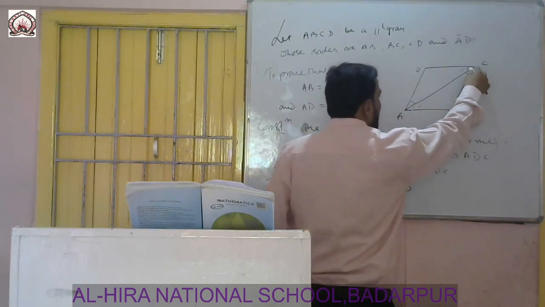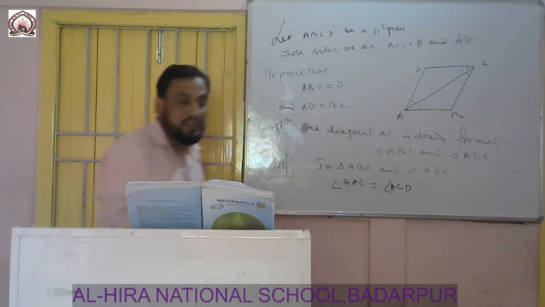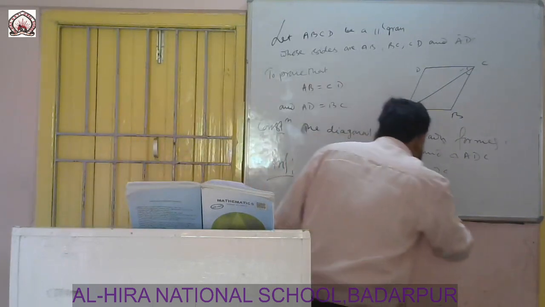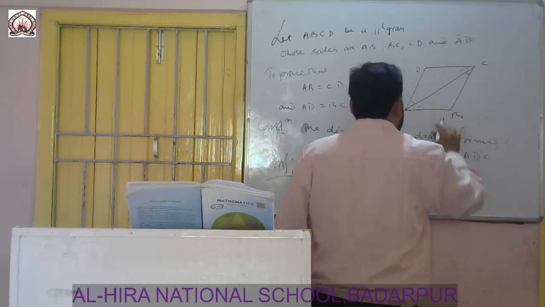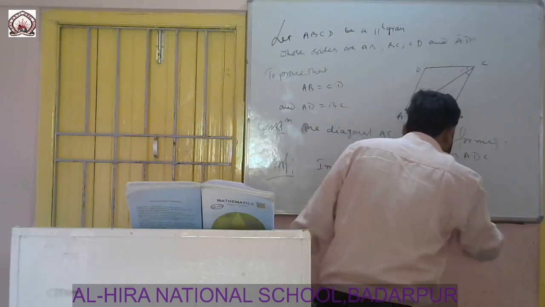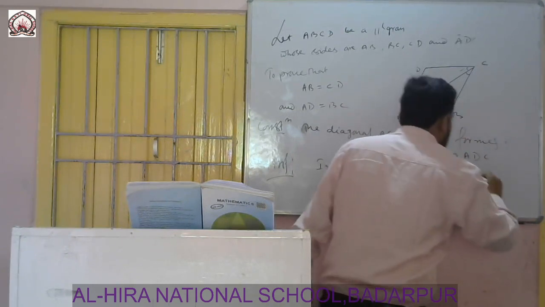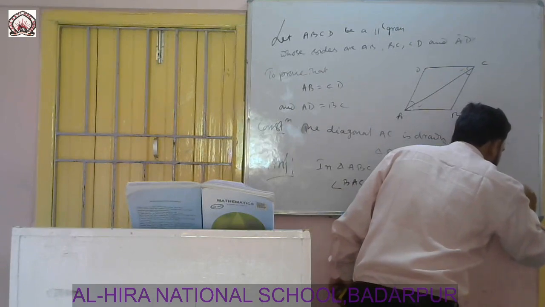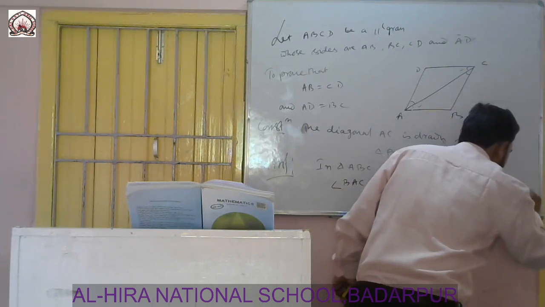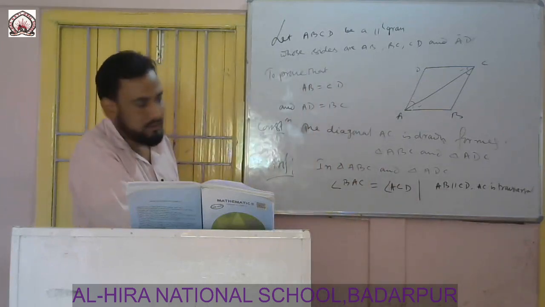What is the reason behind it? Since AB is parallel to CD, and AC is transversal, the alternate angles formed are equal.